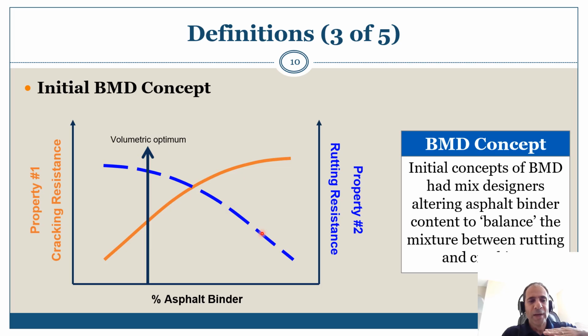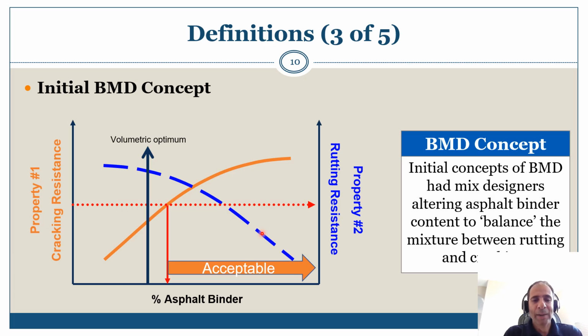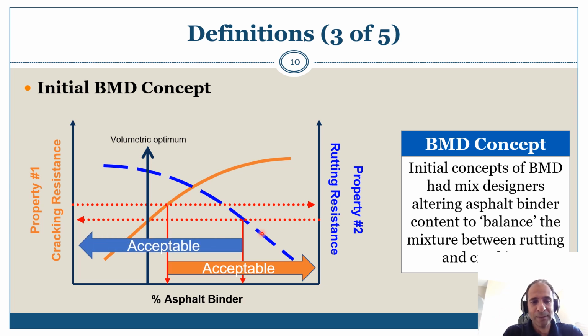So if we set a minimum threshold value for our cracking resistance, then we can come up with the minimum asphalt binder content to get an acceptable cracking resistance. But at the same time, we don't want to jeopardize rutting resistance, so there will be a maximum value for the asphalt binder content set by limiting the rutting properties. That will give us a range of asphalt binder contents where I can meet both cracking and rutting resistance.